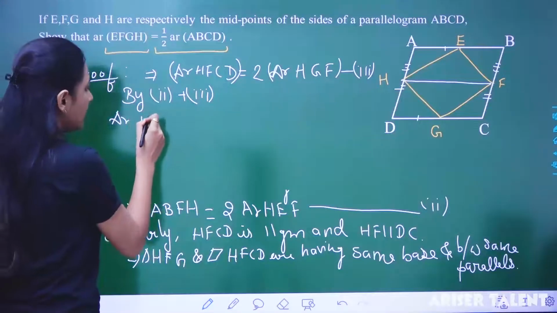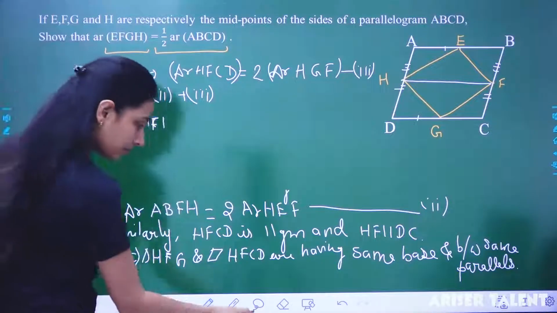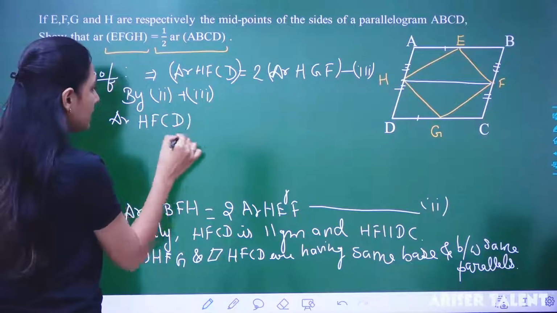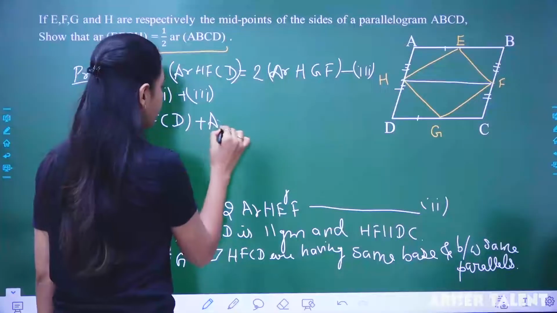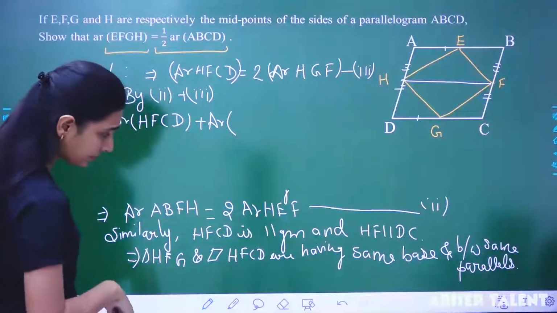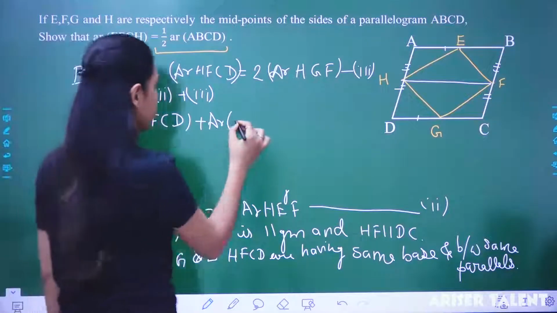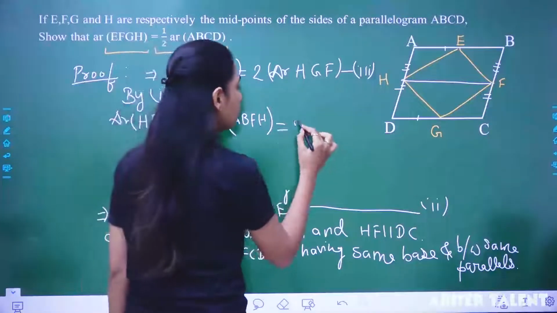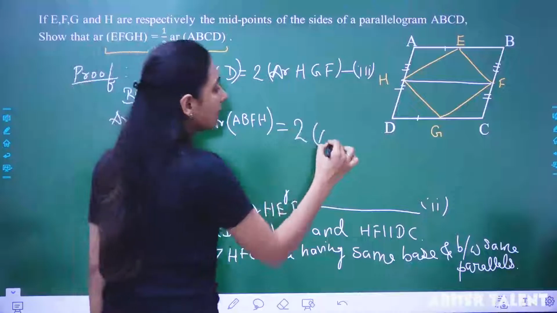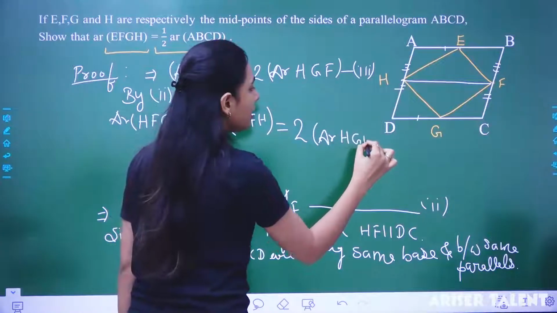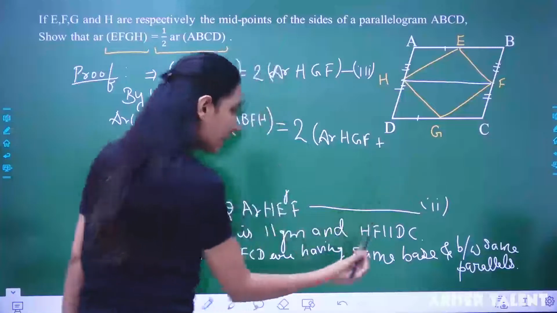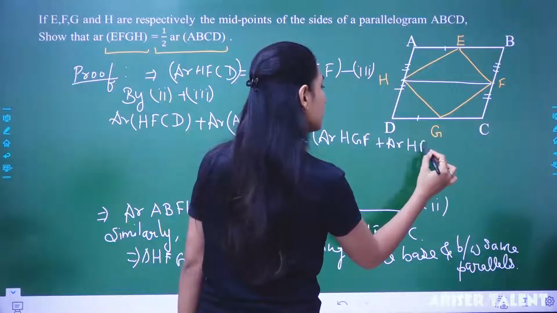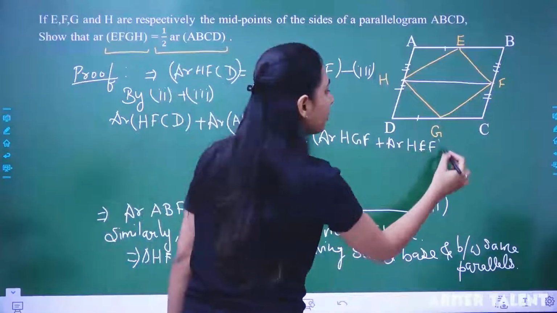Area HFCD plus area ABFH will be equal to twice the area of HGF, and then from the other equation, the area of HEF.